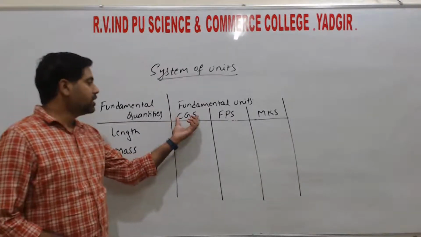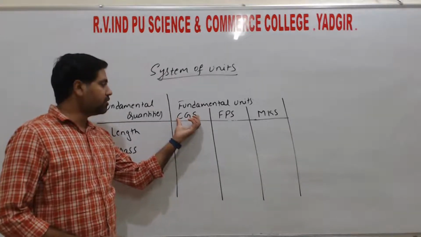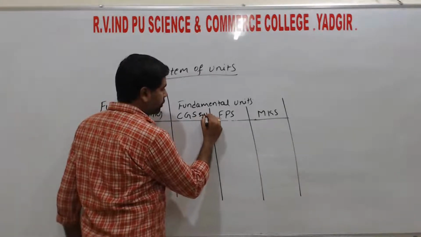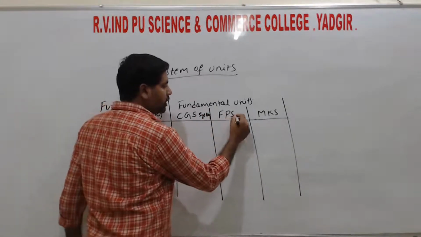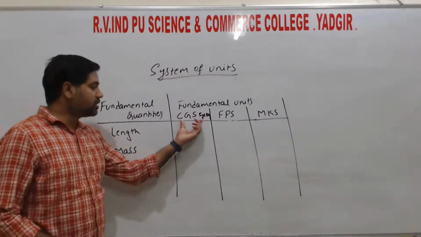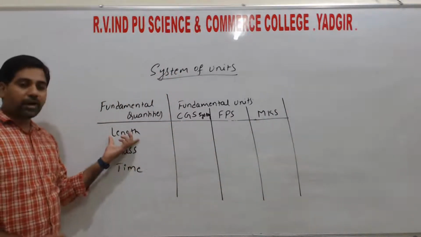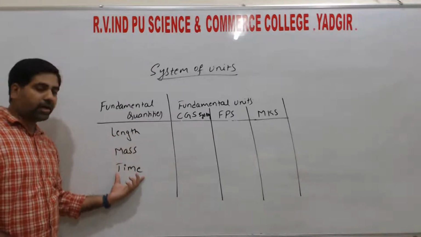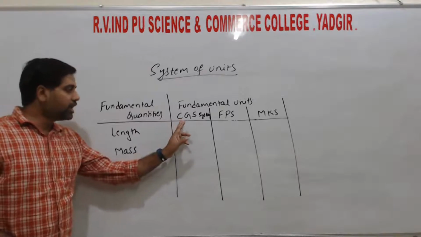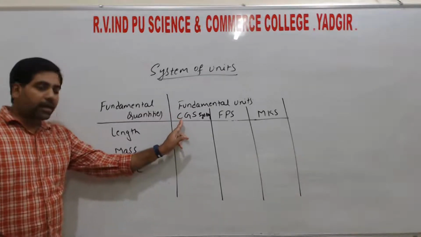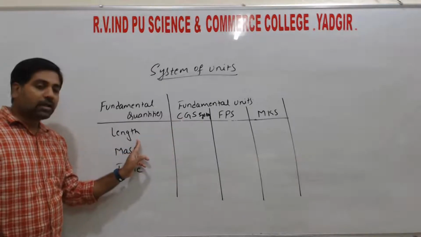So these are the systems of units: CGS system, FPS system and MKS system. In these systems, we measure the fundamental quantities. Here C represents what? Centimeter. Centimeter is the unit to measure length.